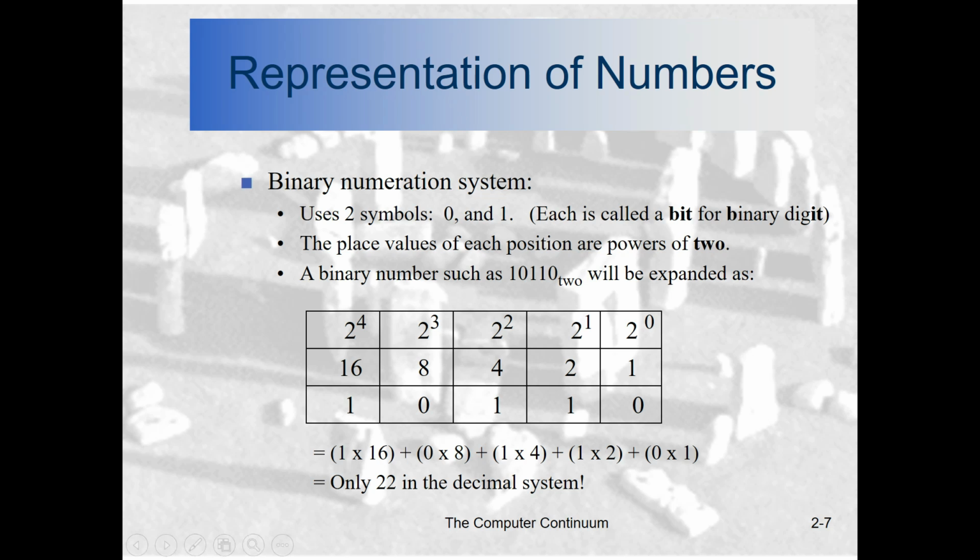Here we are switching on the first digit, which means we are representing 16. Here it's 0, so we are neglecting 8. Here it's 1, so we are taking 4. Then again 1, so 2 is also added. And lastly, 0 means 1 is neglected. These add up to 22 in the decimal system. So that's how the binary system works.